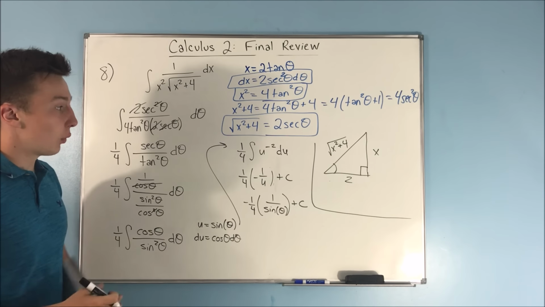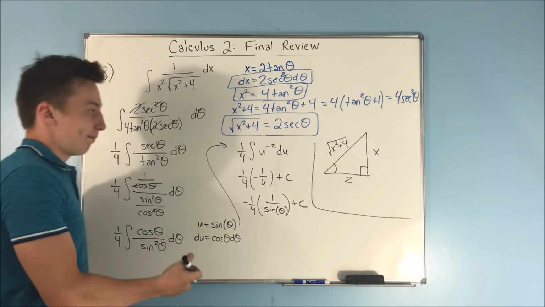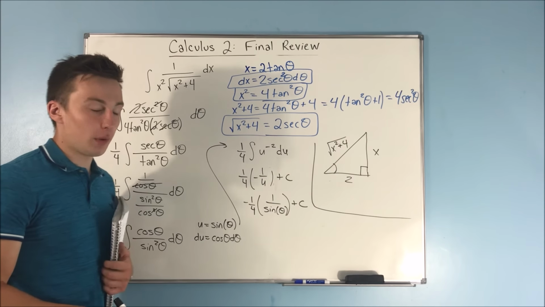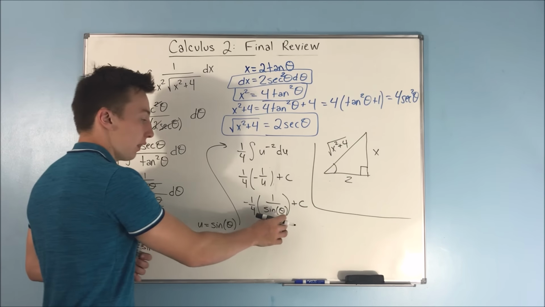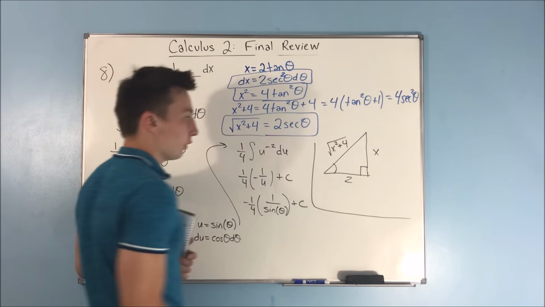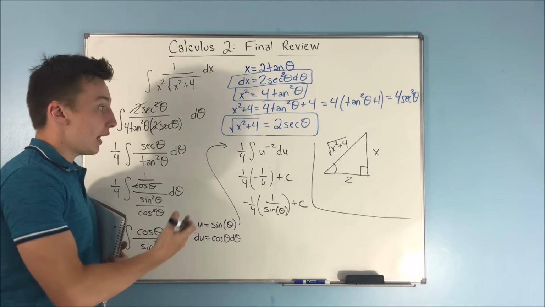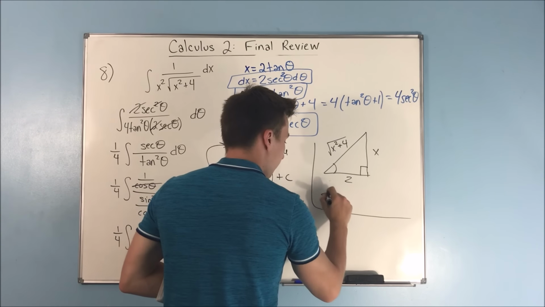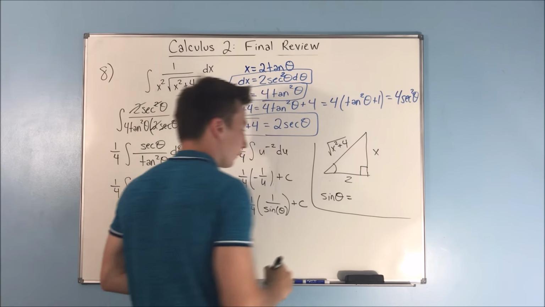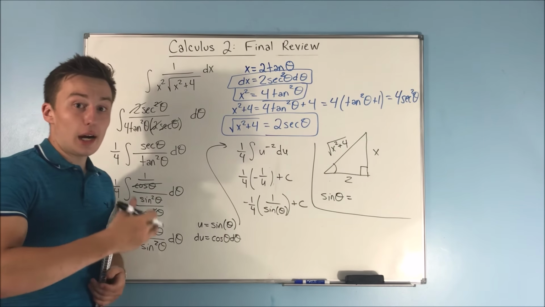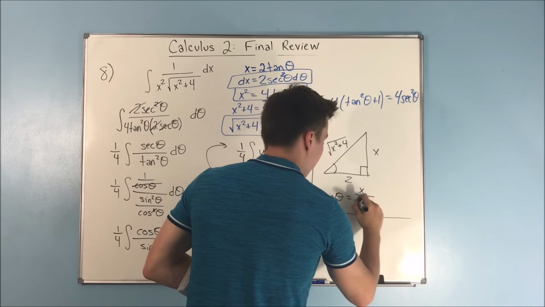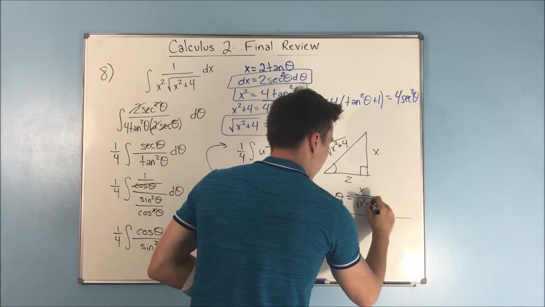So now, we have a sine theta here, and using that triangle we can get this in terms of x. Sine theta, SOHCAHTOA, is opposite over hypotenuse, which is x over the square root of x squared plus 4.